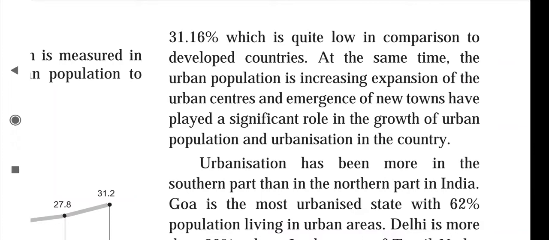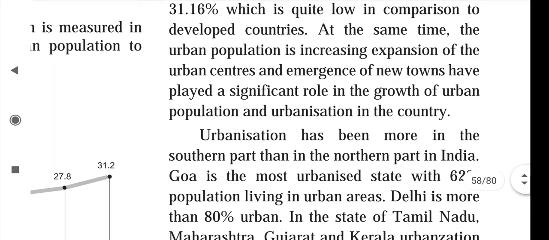So on one side we have seen low urbanization in India compared to other developed countries, and on the other hand there is expansion of urban centres, new towns, new cities. In this way urbanization is increasing in the country. If there is a growth of urban population, then you can find urbanization in the country.